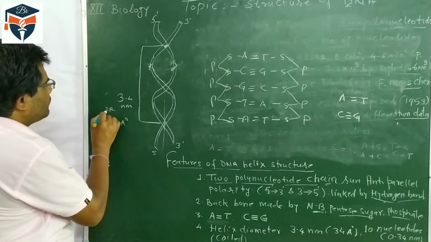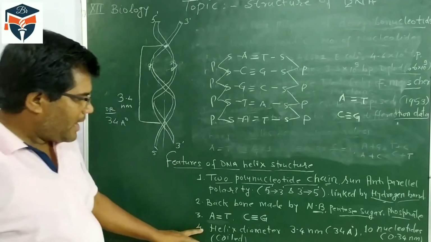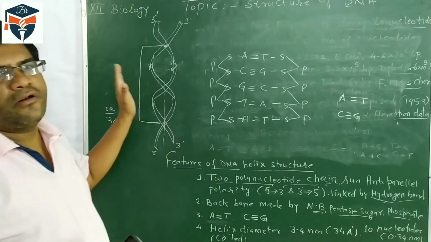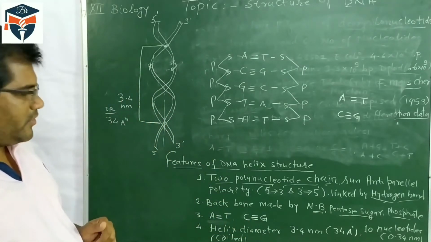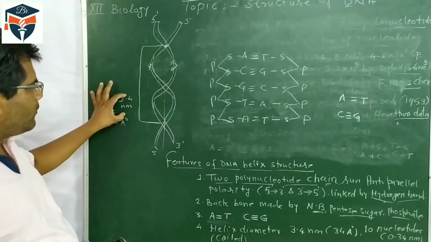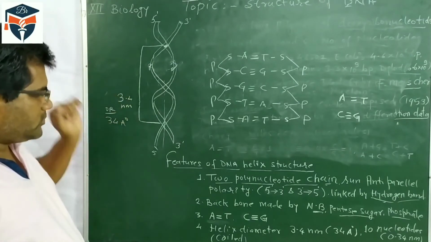So first, what is the diameter of the helix of the DNA? We are talking about the double right-handed DNA molecule. So the helix diameter is 3.4 nanometer or 34 in angstrom.